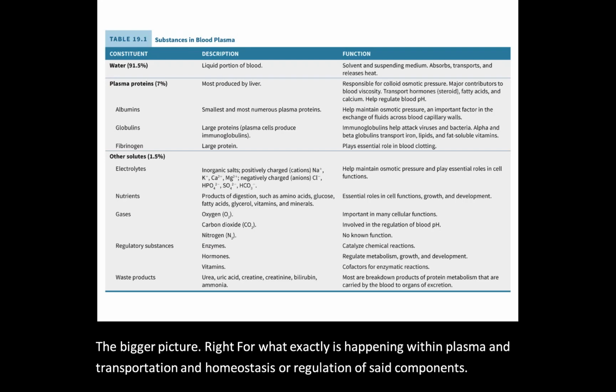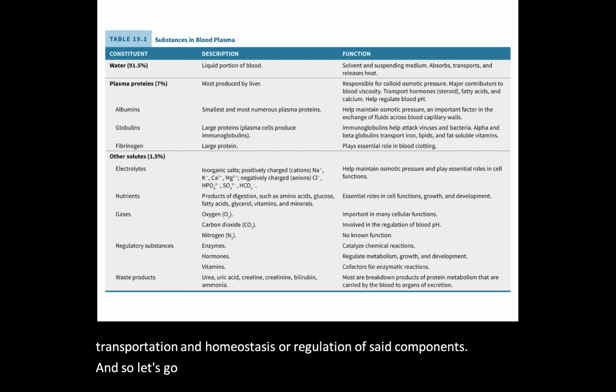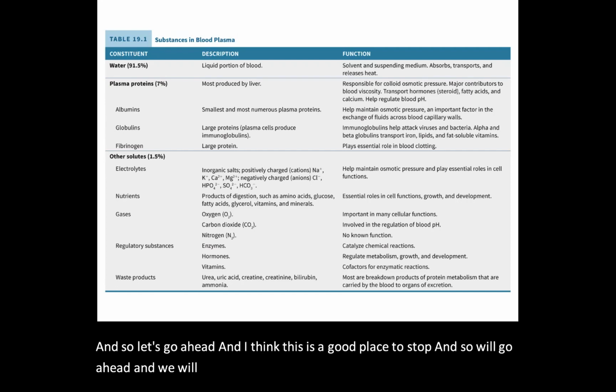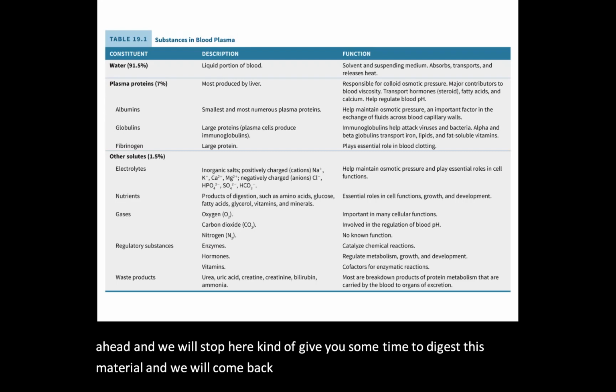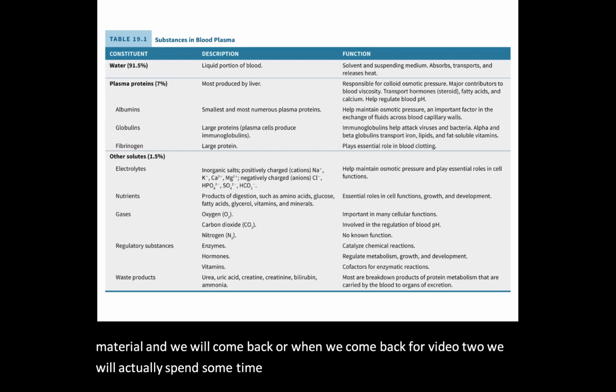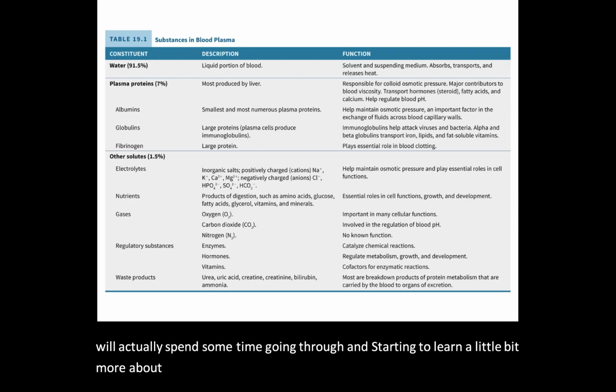And so I think this is a good place to stop. We'll give you some time to digest this material, and when we come back for video 2, we will actually spend some time going through and starting to learn a little bit more about the specific parts of those formed elements.